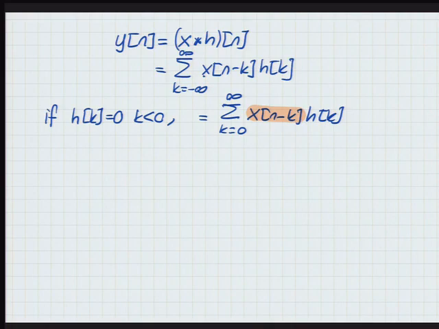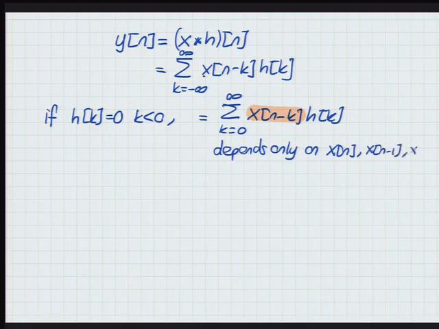So therefore this depends only on x of n, x of n minus 1, x of n minus 2, etc. And these are all past values, right? So therefore no future values are involved. Okay? So that tells me that if this property is there, then I'm causal.